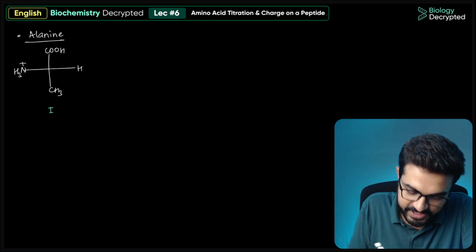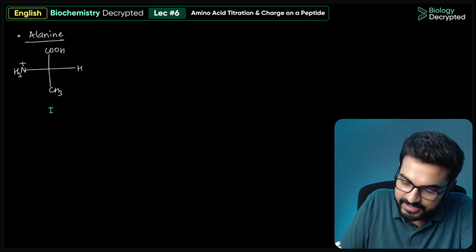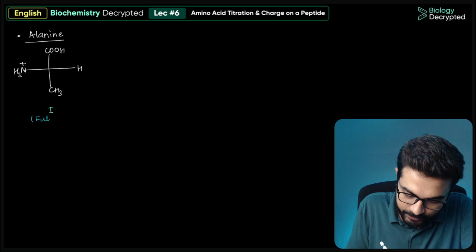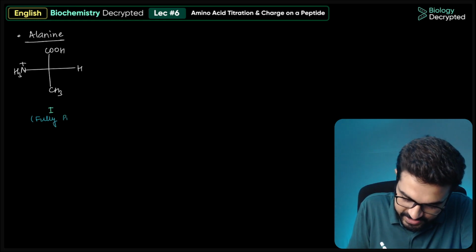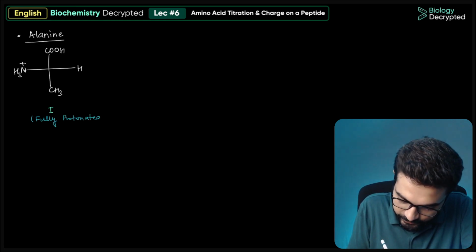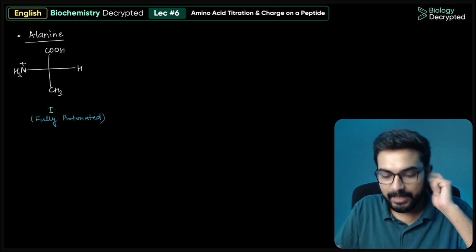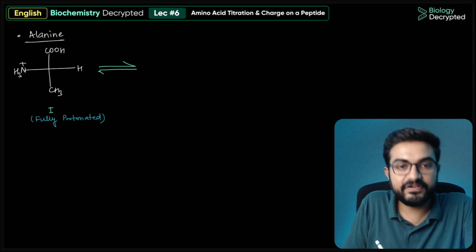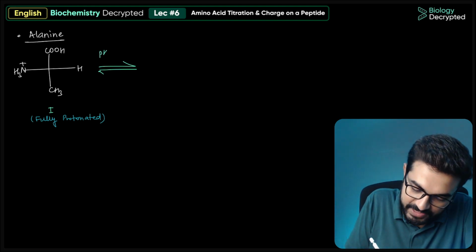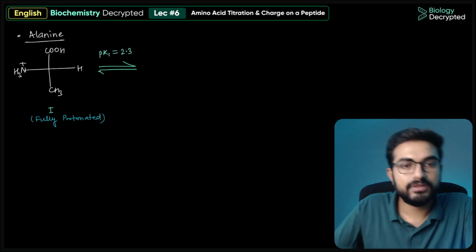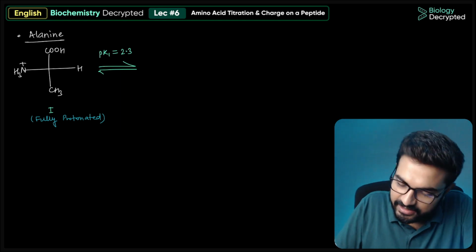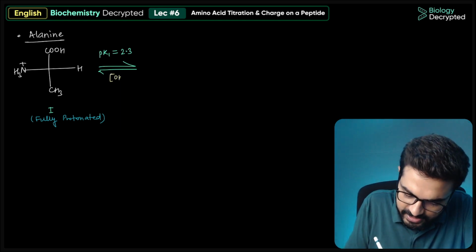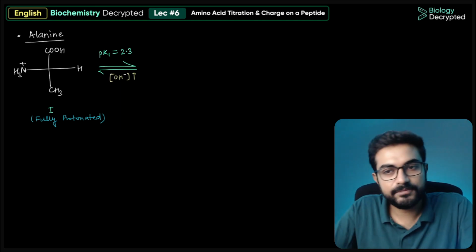This is the first species, and as you can see here, this is fully protonated. This is how the first ionization will take place, and the pK1 will be 2.3, and here we have a certain value of OH minus ion concentration.